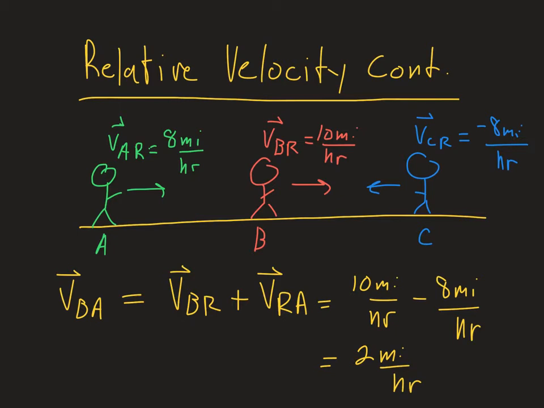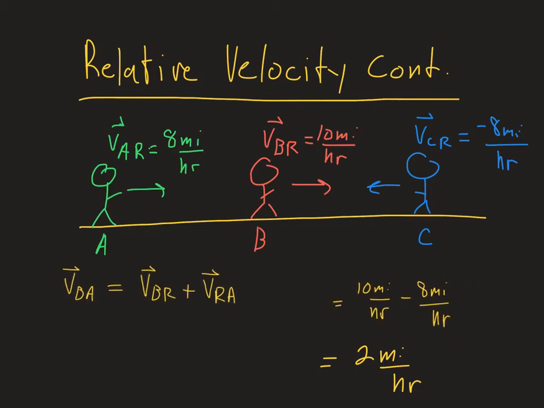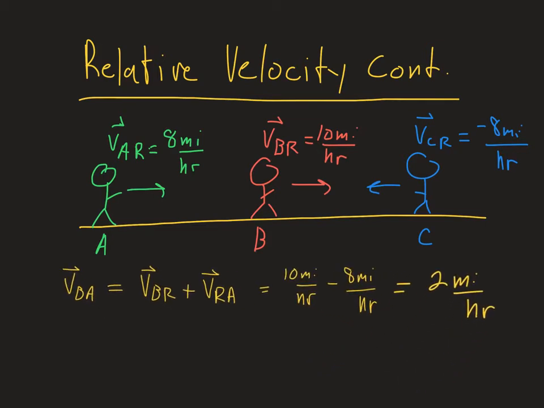Let's do another one here, and then we can move on. So maybe we'll put that up there. And then we could pick whatever we want. Let's do something with Charlie. How about we do Bob relative to Charlie? So that question then would be, what is the velocity of Bob relative to Charlie?